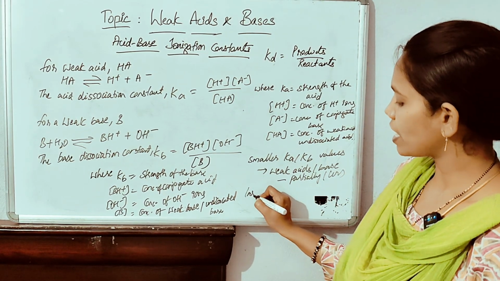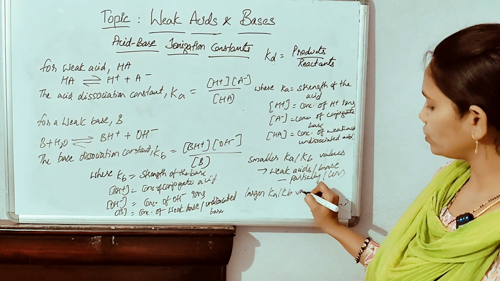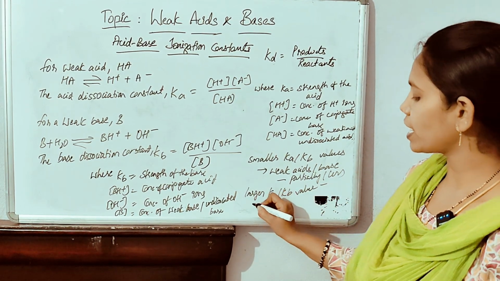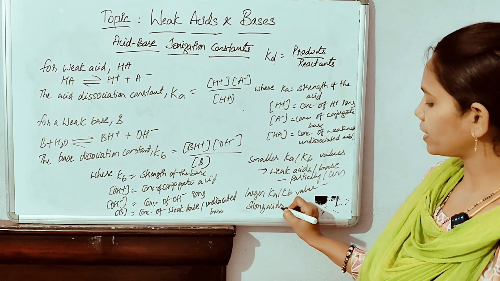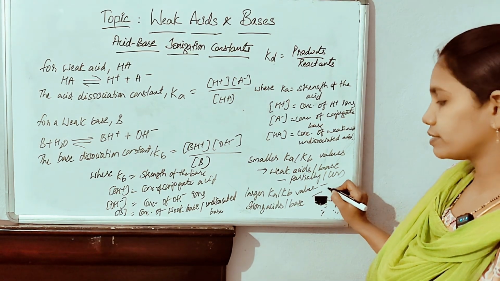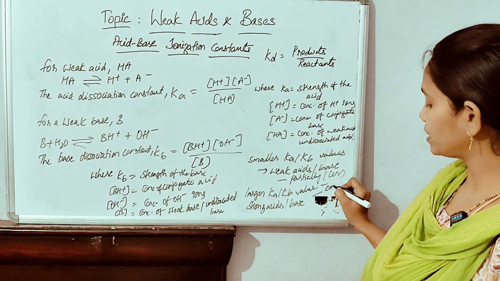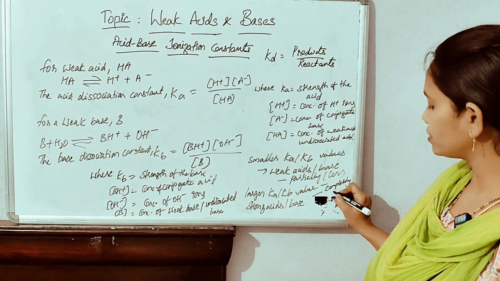If you get larger Ka or Kb values, it means they are strong acids or bases because they ionize completely or they ionize more.